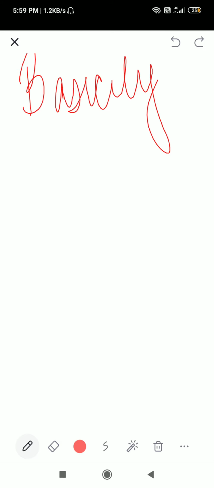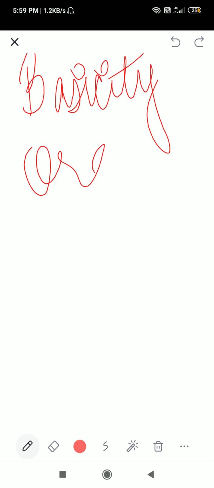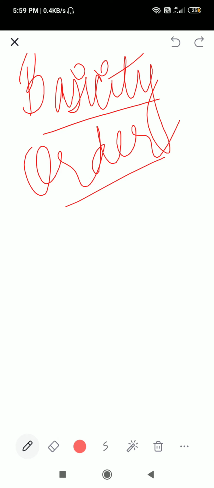The basicity order of amines depends upon many factors like steric hindrance, resonance, mesomeric effect, and isomerism. In different amines there are different basicity orders depending on the R group, and in aqueous medium and gaseous medium there are different, irregular trends, so we have to remember that.